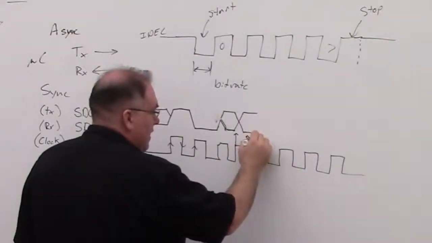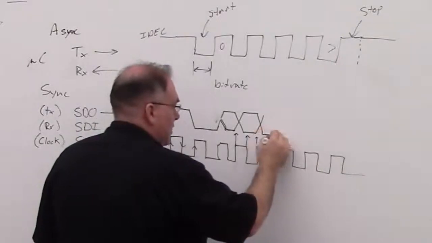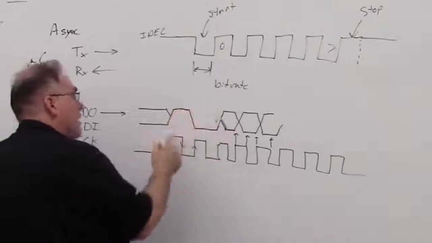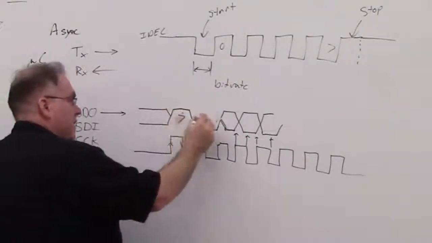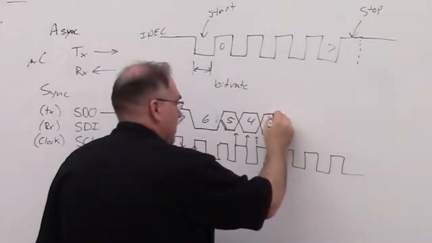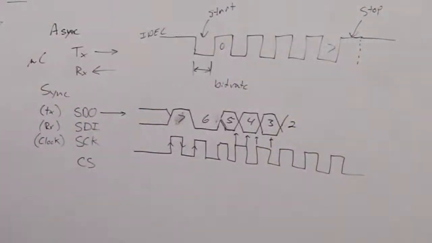We transitioned on this edge, and we read on this edge, and so on. This would be bit 7, 6, 5, 4, 3, and so on.